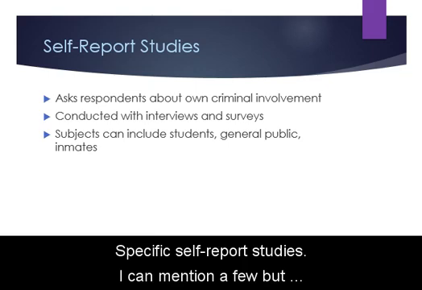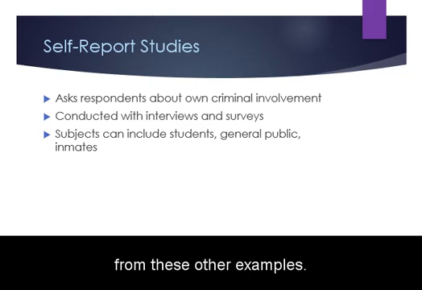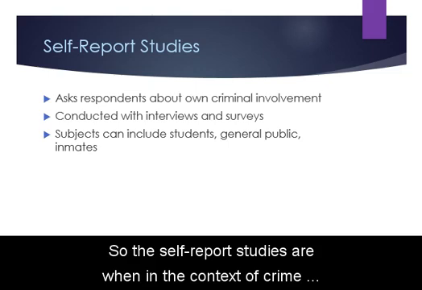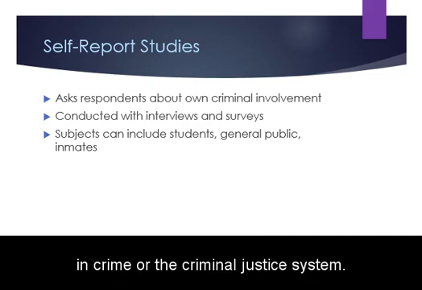I can mention a few, but overall, just to know, how does the self-report study differ from these other examples? So, the self-report studies are when, in the context of crime, people may report about their own involvement in crime or the criminal justice system.